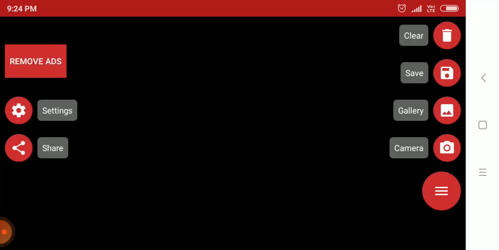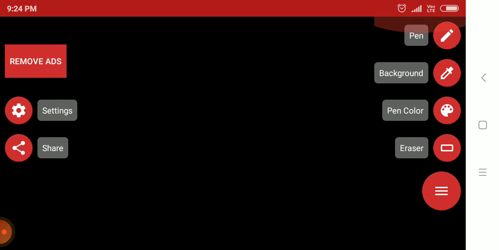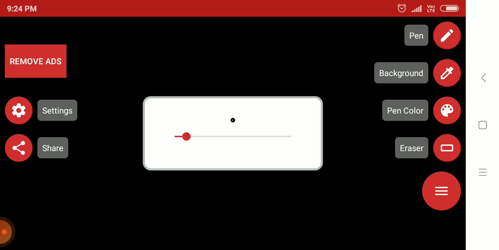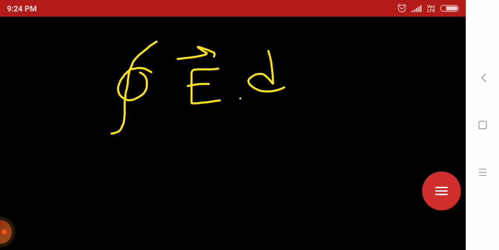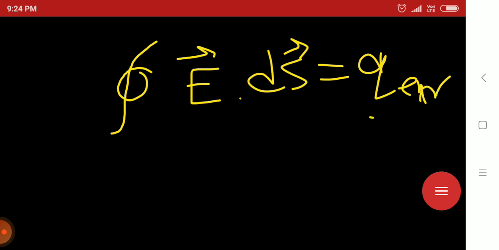So after considering the Gaussian surface, we will apply Gauss's law here. So actually, what is Gauss's law? Gauss's law is the closed loop integration of E dot dS equals Q enclosed, the enclosed charge, by epsilon naught.